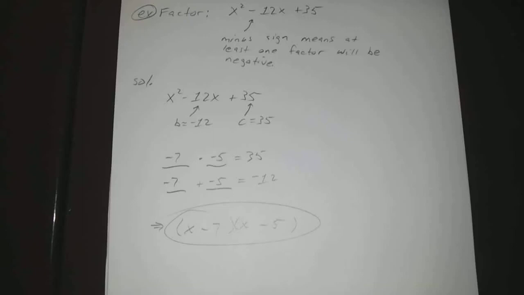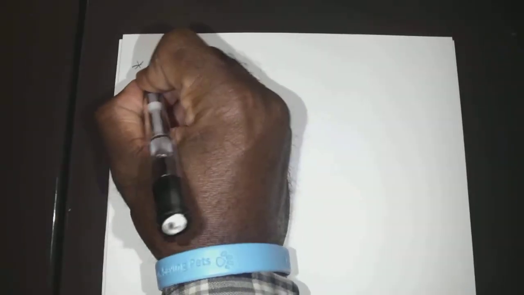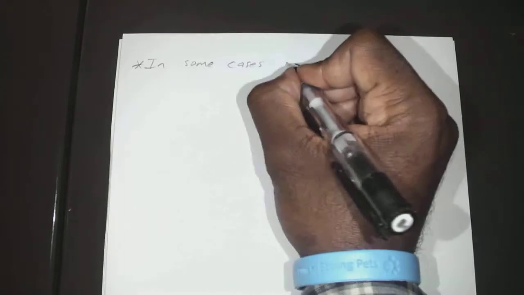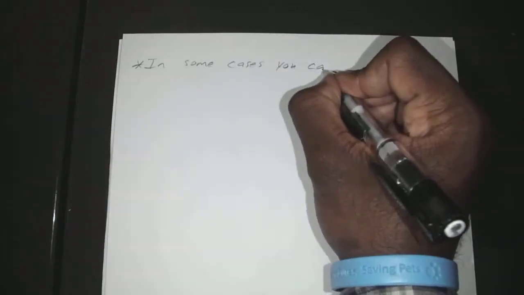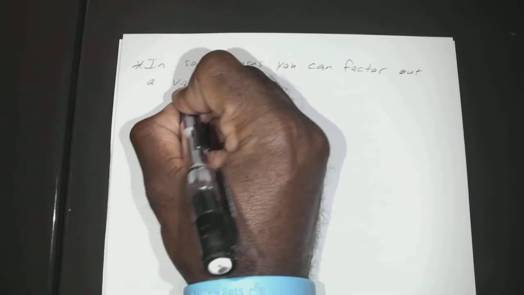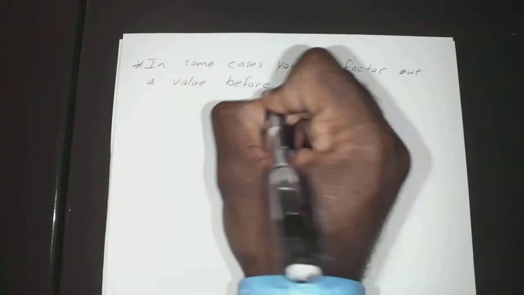Now, in some cases, you can actually factor out a greatest common factor first and then simplify it. In some cases, you can factor out a value before factoring or before solving.